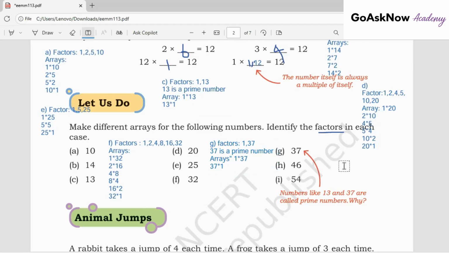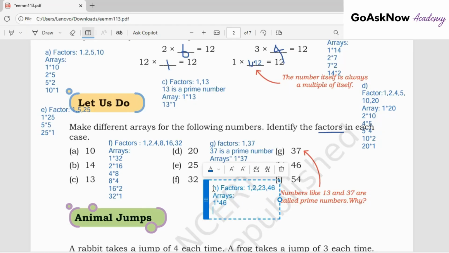Next, for part H, the factors of 46 are 1, 2, 23, 46, where the arrays are 1 into 46, 2 into 23, 23 into 2, 46 into 1.